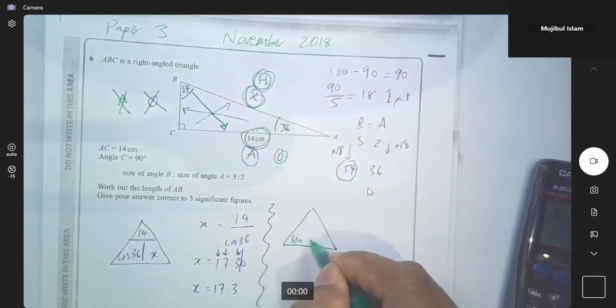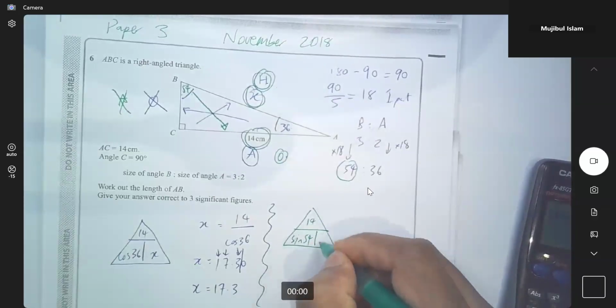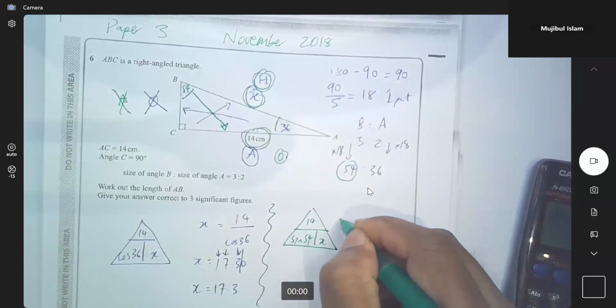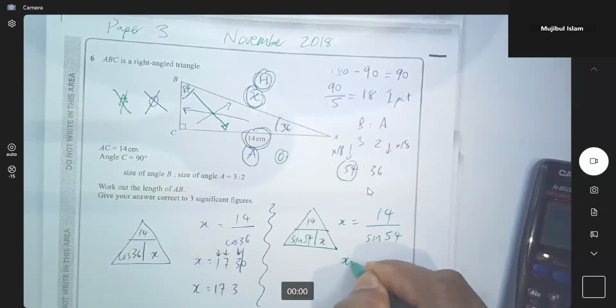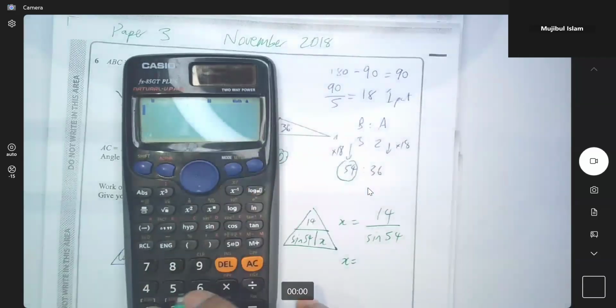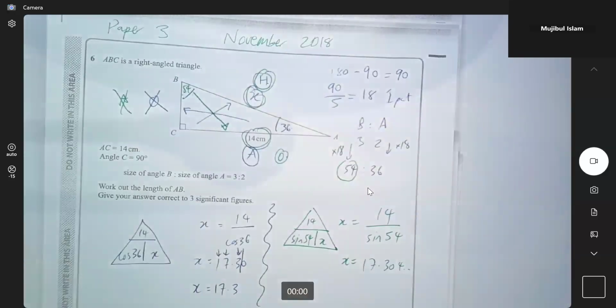So sine 54 equals opposite, which is 14, divided by hypotenuse, which is X. X equals 14 divided by sine 54. Put that in our calculator, 14 divided by sine 54, close bracket, gives us 17.304. So same number. Why are they the same? Because of how sine and cos work and the relationship between them, which is for another lesson, another time, not today.